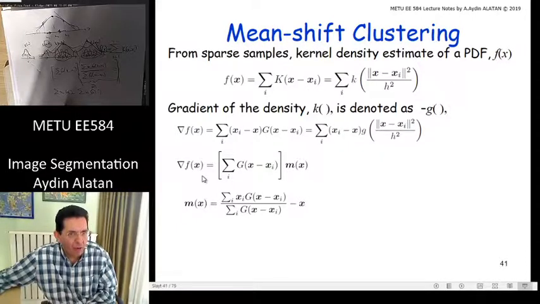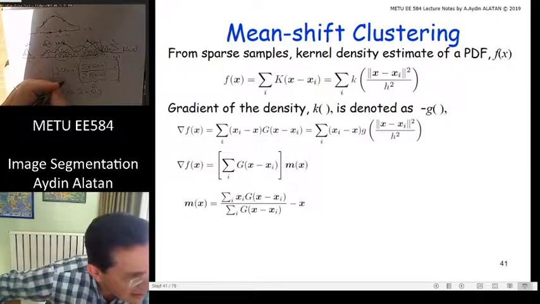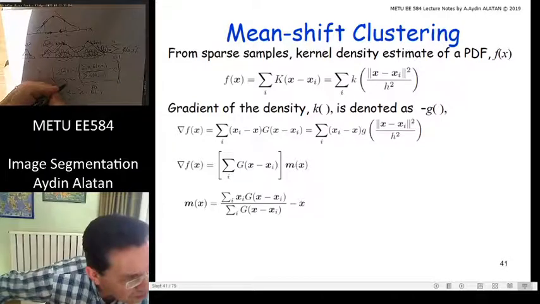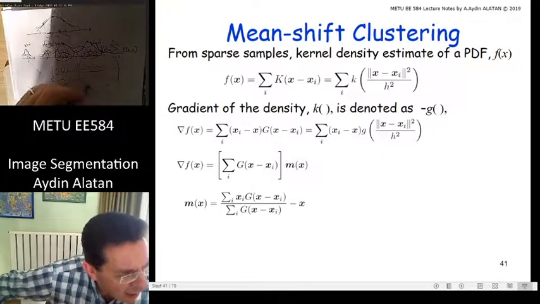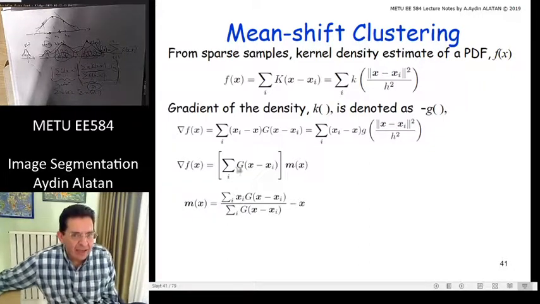Now let's look at this m vector. This m vector was here. This part is a scalar. This part is a vector.